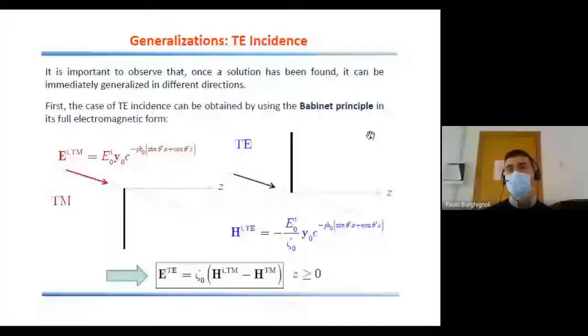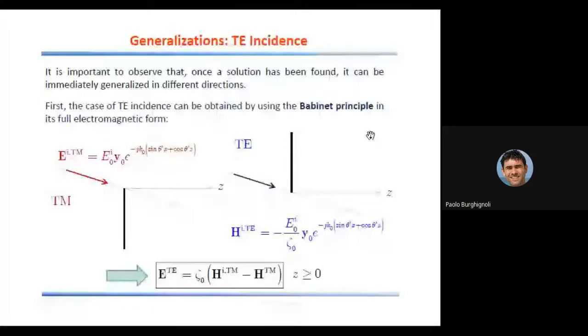The vector form of the principle actually tells us that, for example, the electric field can be related to the incident total magnetic field. So if you solve the TM problem, you immediately have the solution to the TE problem, and vice versa.